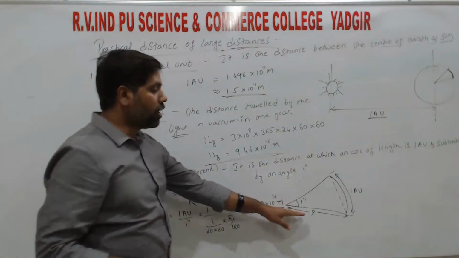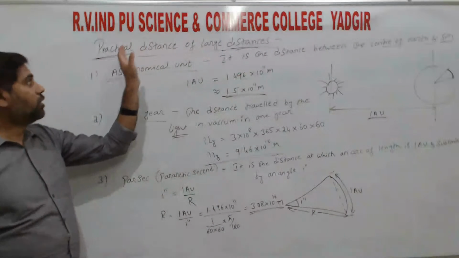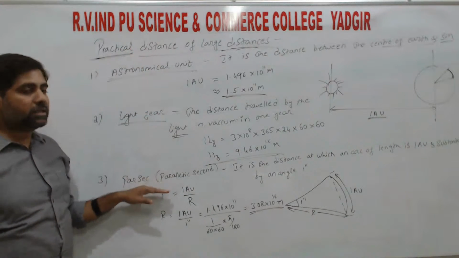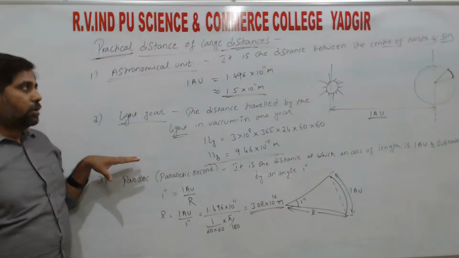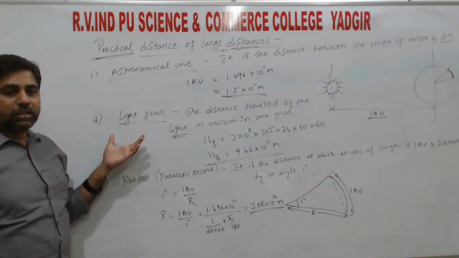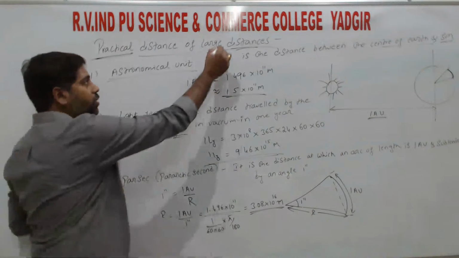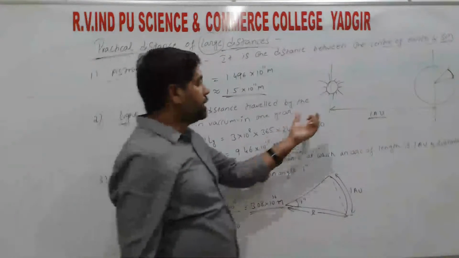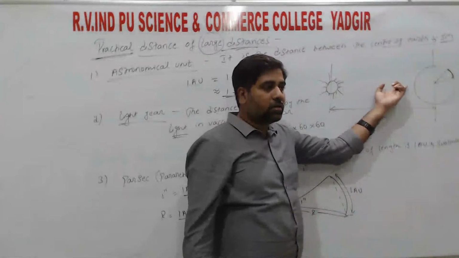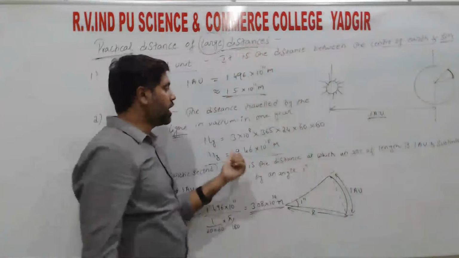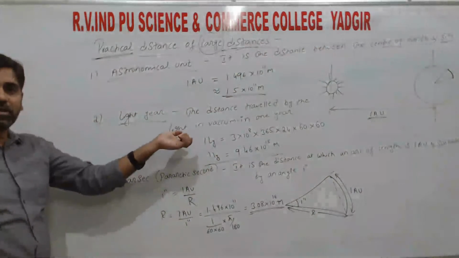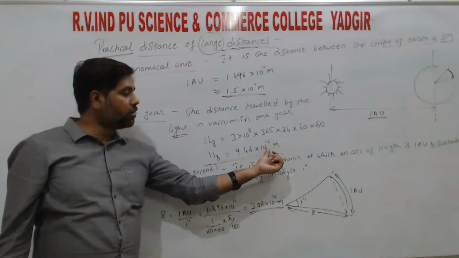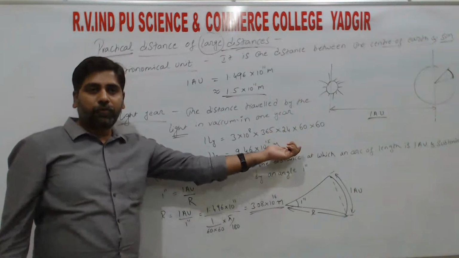So by which method did we find all this? Again by the practical method, right? So these are the three units which we are going to use for measuring large distances. This is important: very large distances. The distance between Sun and Earth is small for us, so we have large distances. Again light year, so how far light travels in 1 year, that is 10 to the power of 15 meter, that is 1 with 15 zeros, right?